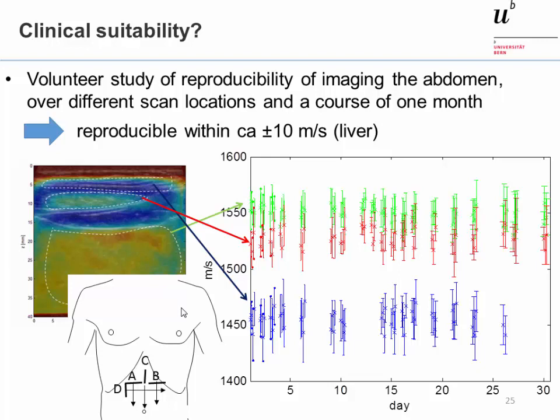And each group here corresponds to 4 different scanning locations on my belly. And you see that also, independent of the scanning location, the speed of sound values are the same within the standard deviation. You also see that it's possible to distinguish different tissues based on the speed of sound, especially, of course, the fat layer has a much lower speed of sound.